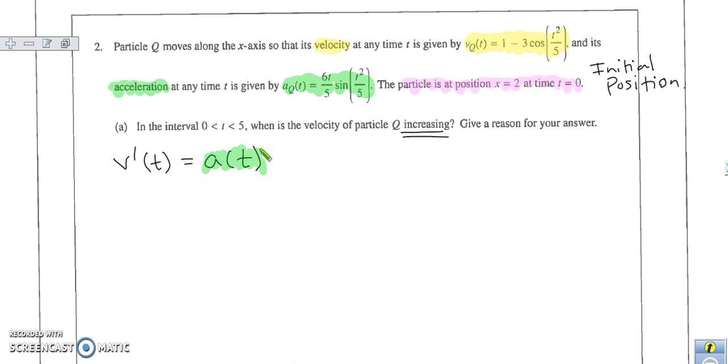So if it's asking when the velocity of particle Q is increasing, it's asking when is the derivative of the velocity positive, or when is acceleration positive. So let's just graph acceleration and see when is it positive.